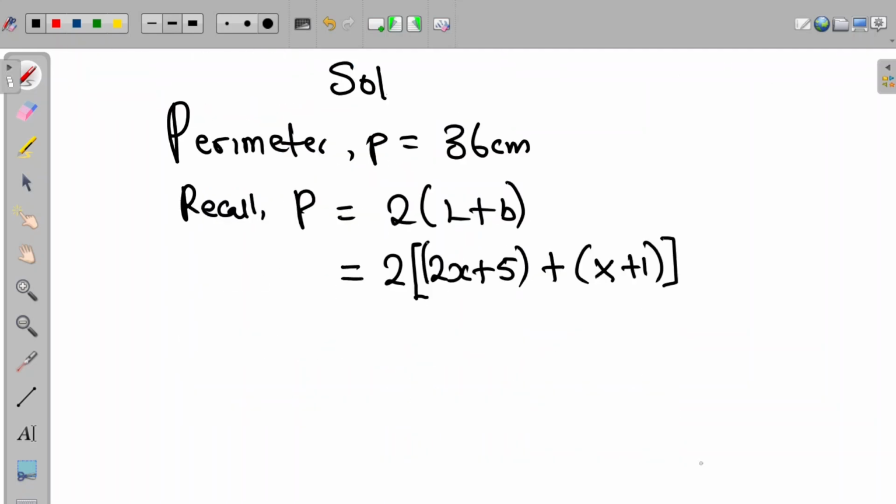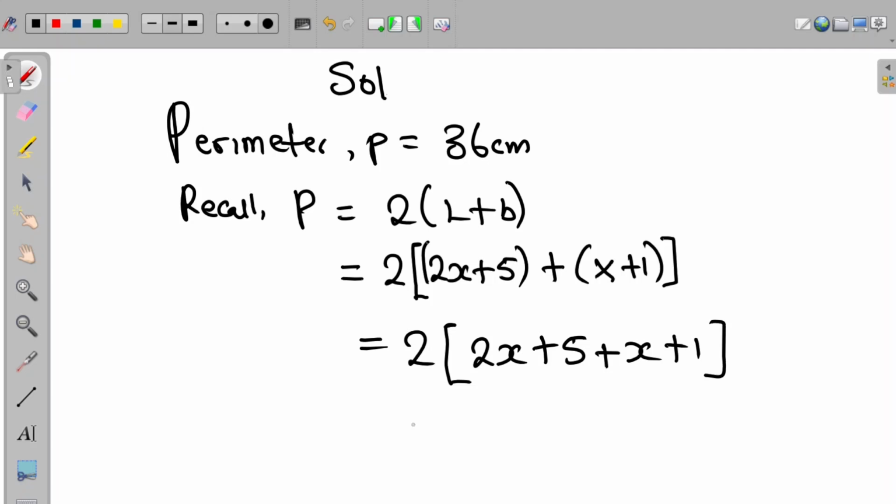At this point, we can expand. So this becomes 2 multiplied by 2x plus 5 plus x plus 1.